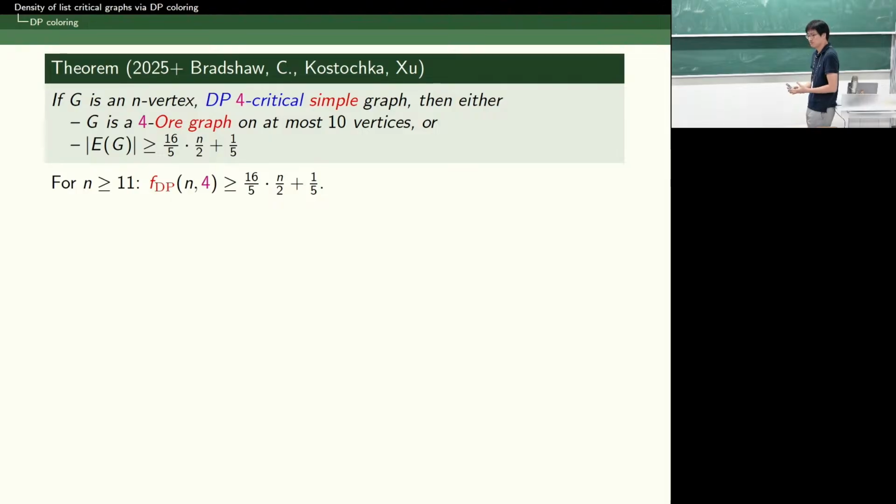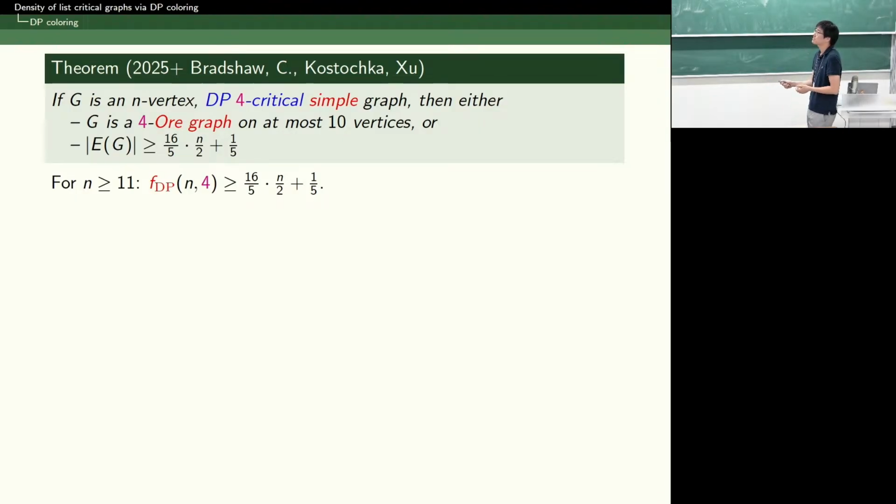That was because if the number of colors is small, you have more bad graphs you have to avoid. This phenomenon also showed up in DP coloring, the correspondence coloring. And the bad graphs are these 4-Ore graphs. Of course a complete graph on 4 vertices is also 4-Ore, but if you combine them, these are also all 4-Ore graphs.